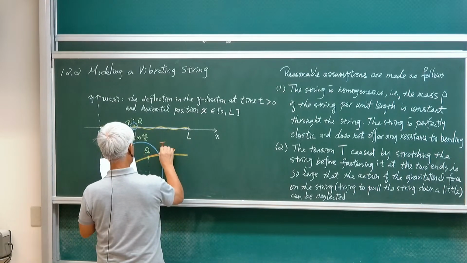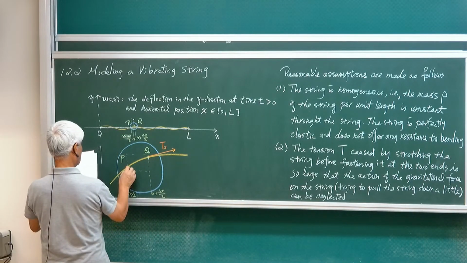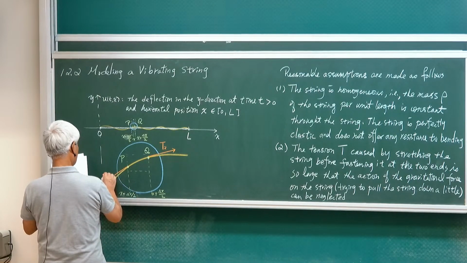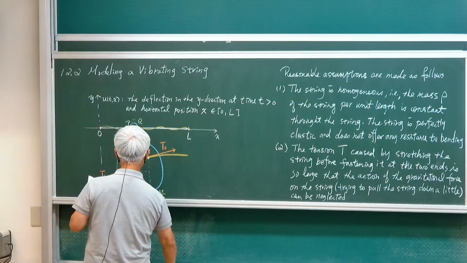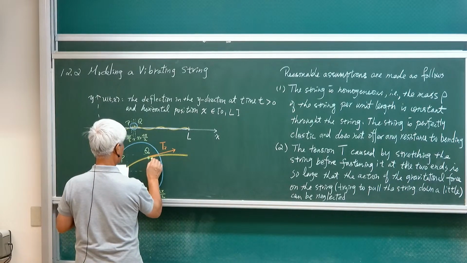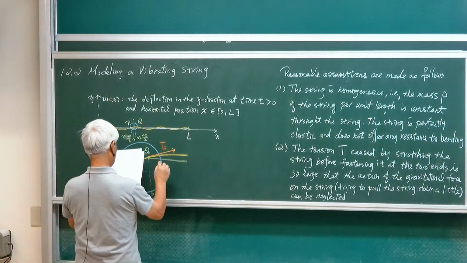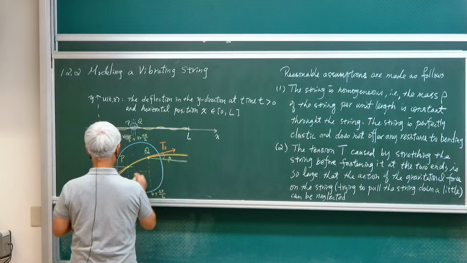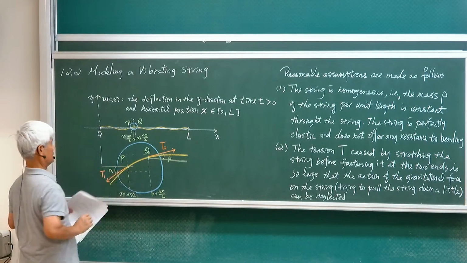We call this T2, and another tension, T1, and the angle here, and also the another angle. So this angle we call beta, and this angle we call alpha.